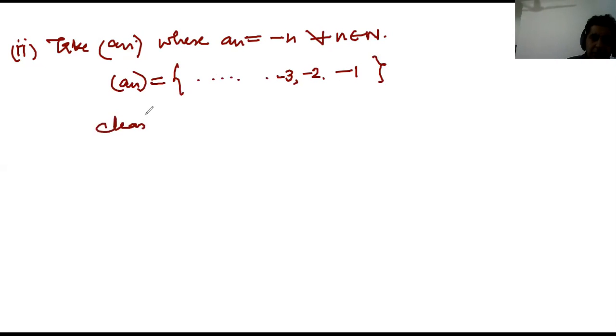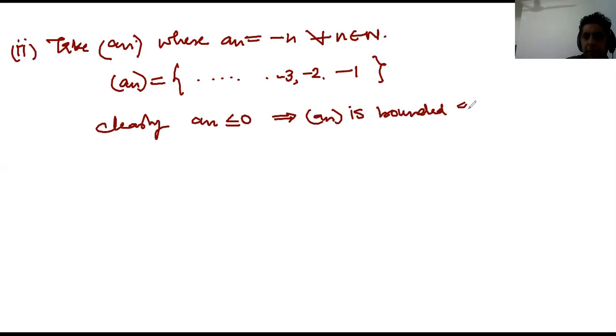Clearly, an is less than or equal to 0. This means that an is bounded above, for all n.